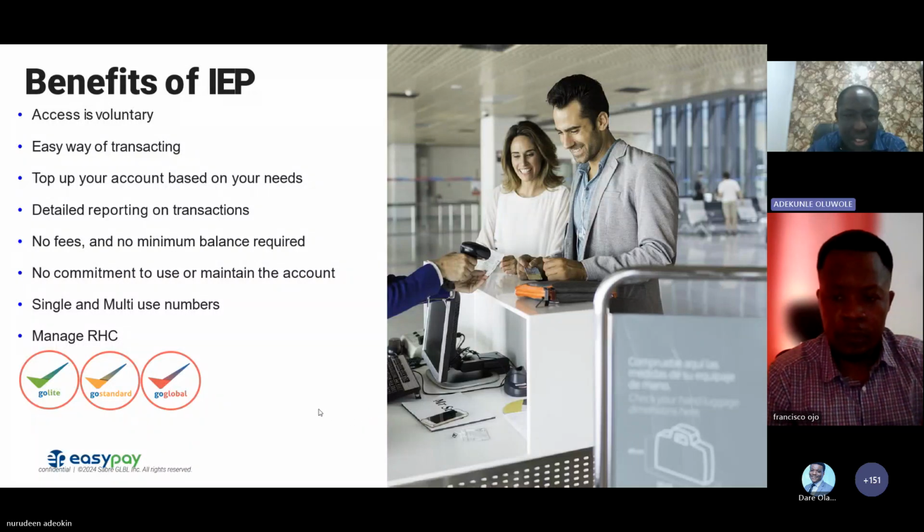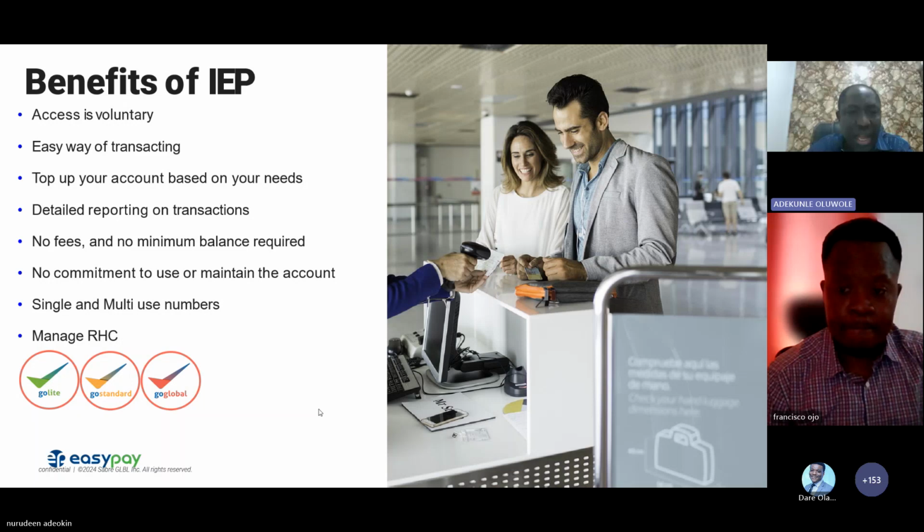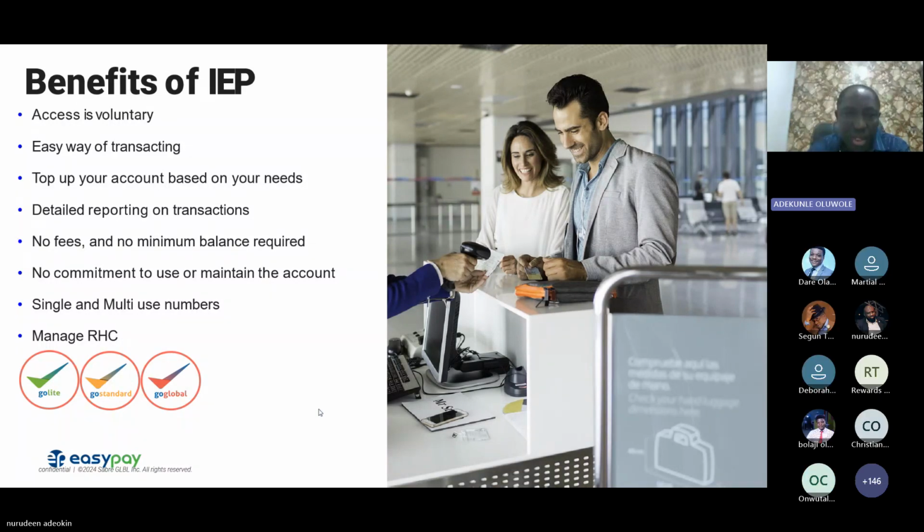No fee is attached for you to open it, and there is no minimum balance required, and no commitment to use or maintain a particular account. You must maintain an account with IATA. You give them a particular account before they will activate you. Then single and multi-use number. What it means is that you can generate a single IEP to issue a ticket, and you can generate a multiple-use number that you can use for a period of 3 months before it expires.